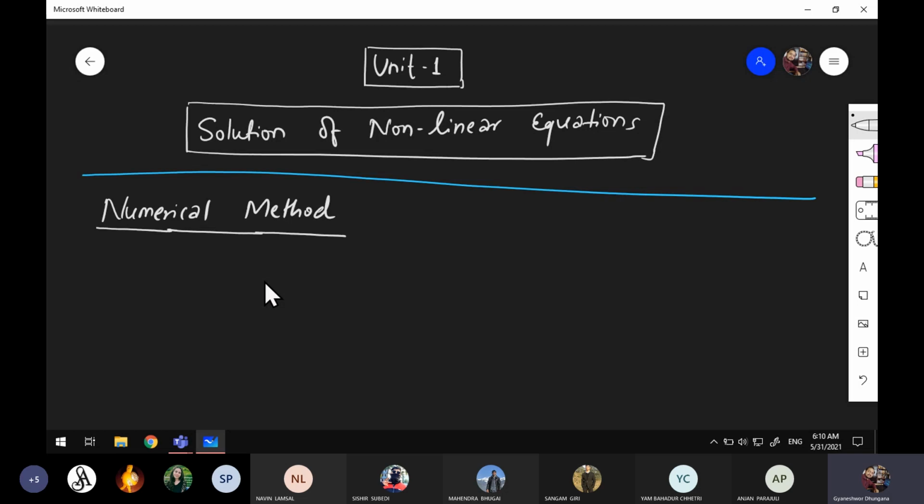Okay, in numerical method what happens, we solve a given problem numerically. Okay, for example, you may solve a quadratic equation, right? Ax square plus bx plus c equals to 0 be a quadratic equation. Then you have the parameters involved here, a, b, c, right?